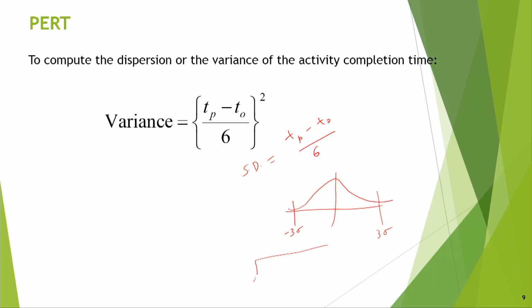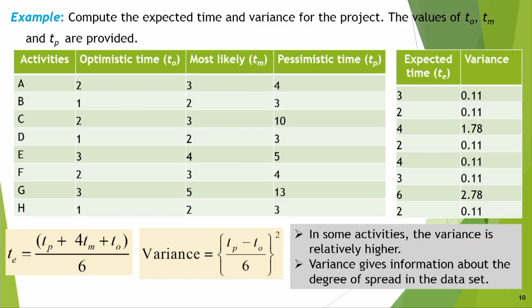Suppose two activities are joined and they have standard deviations of sigma 1 and sigma 2, then the overall standard deviation will not be sigma 1 plus sigma 2, rather it will be sigma 1 square plus sigma 2 whole square, and if 3 activities are there, then plus sigma 3 square, and you take the square root of that. So, this is also a very important point.